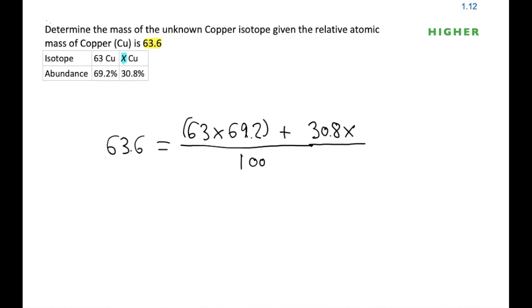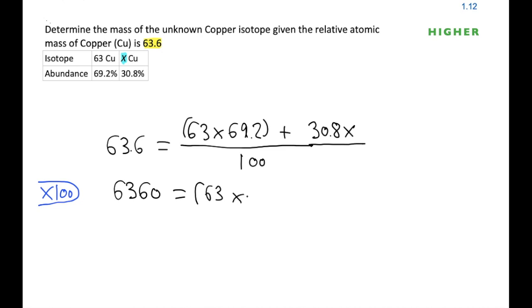From here, it's all about rearranging this formula to make X the subject. So the first thing we can do is get rid of this fraction by multiplying both sides by 100. 63.6 times 100 is 6,360. If we times this side of the equation by 100, we're just removing the fraction.